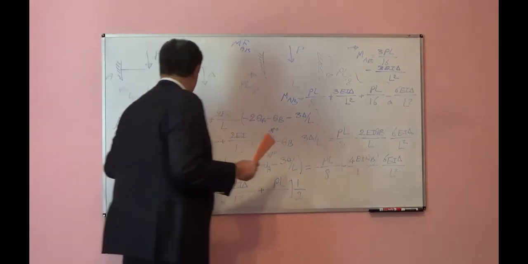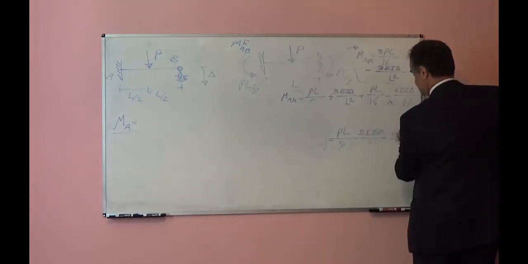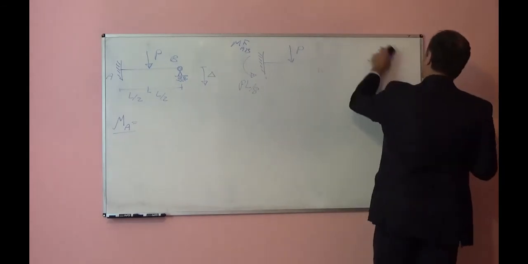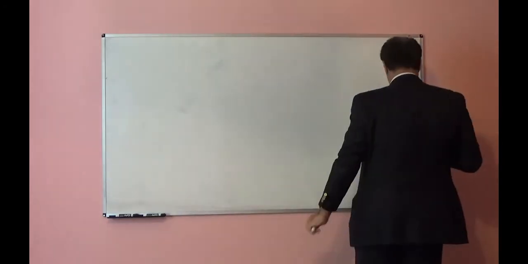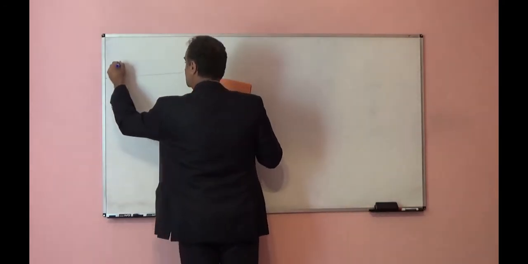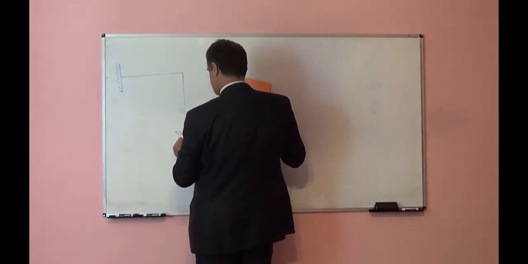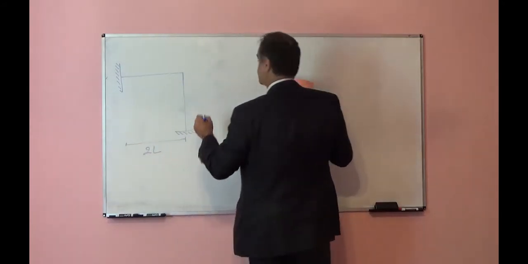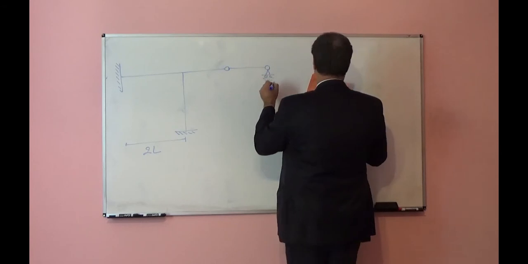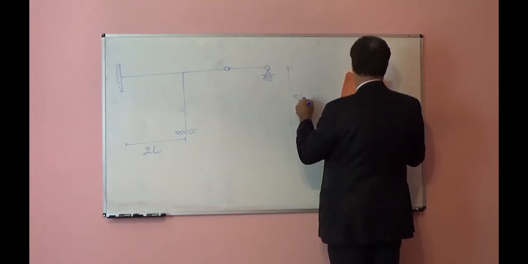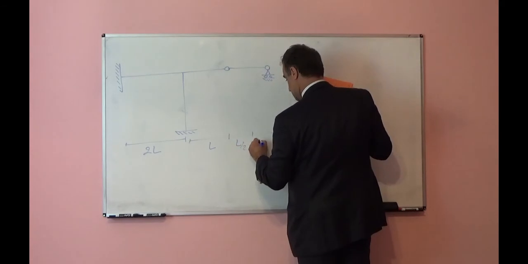Next example is a very simple example. We have this system. 2L, L, L over 2, L over 2.